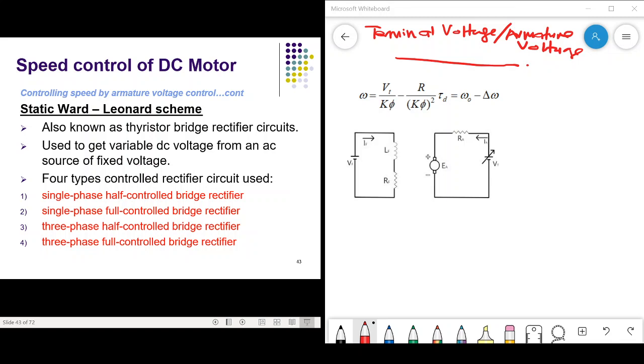So in this subchapter, we will look at the single phase half controlled bridge rectifier, single phase fully controlled bridge rectifier, three phase half controlled bridge rectifier, and three phase fully controlled bridge rectifier. What is the difference between half control and full control bridge rectifier? You have learned it in the power electronics subject last semester.